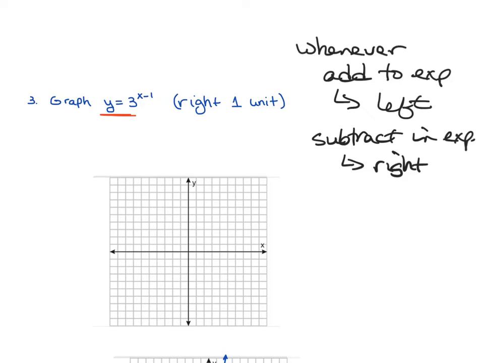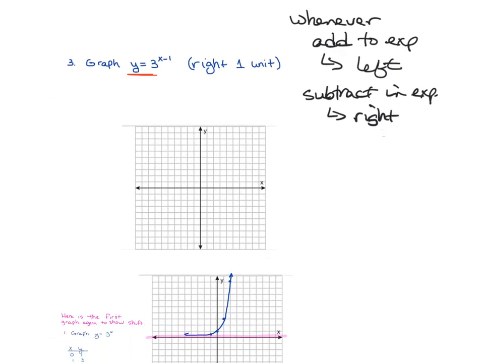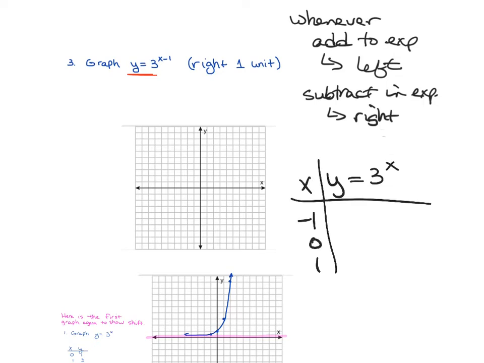So again, I'm going to compare this to the y = 3 to the x power. I'm going to get my 3 ordered pairs, -1, 0, and 1, and then I'm going to shift these 3 points 1 unit to the right. So again, same ordered pairs as before. 3 to the -1 is 1/3, 3 to the 0 is 1, 3 to the first is 3.